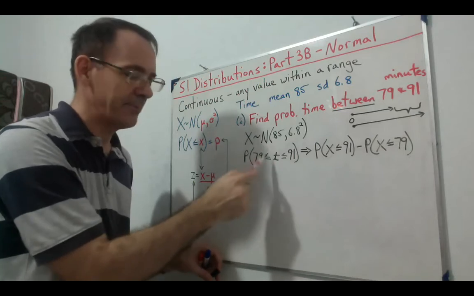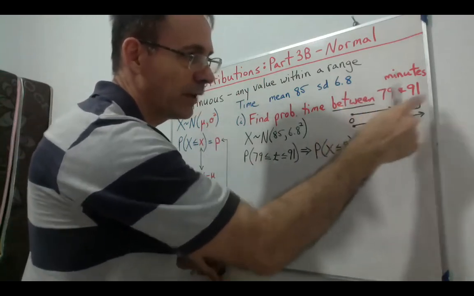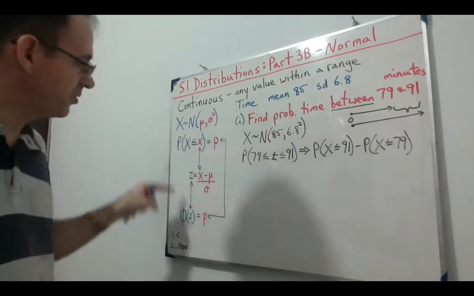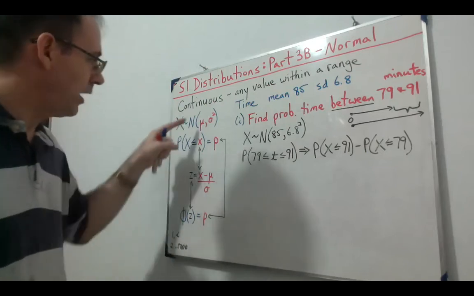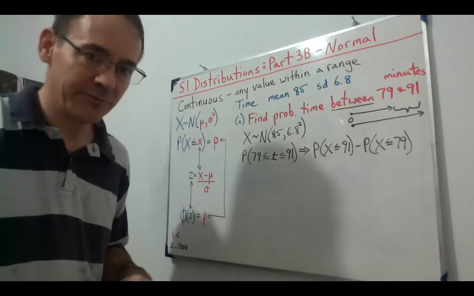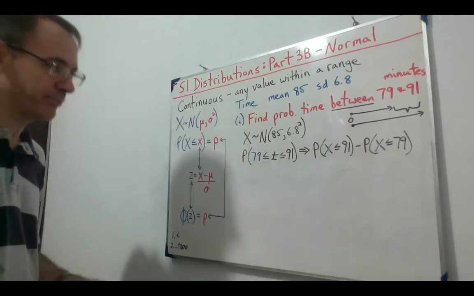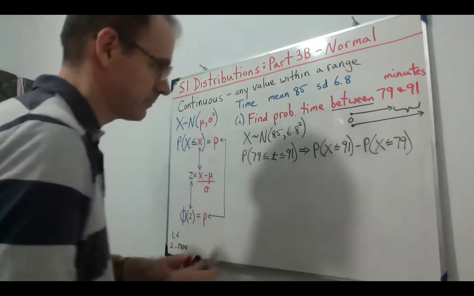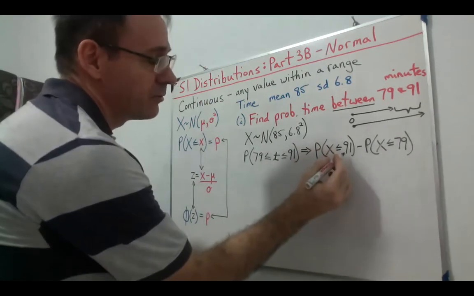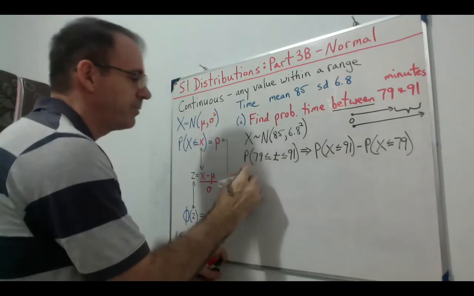Since you don't really have a math for between, you're going to take the larger one minus the smaller one to get the between. So that means we have to do this twice, once for the 79 value and once for the 91 value. So we're going to do the 91 probability minus the 79 probability. So the 91, let's plug that in over here. Let's make two separate ones.